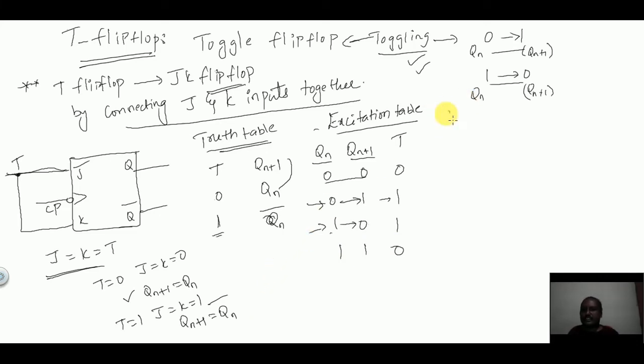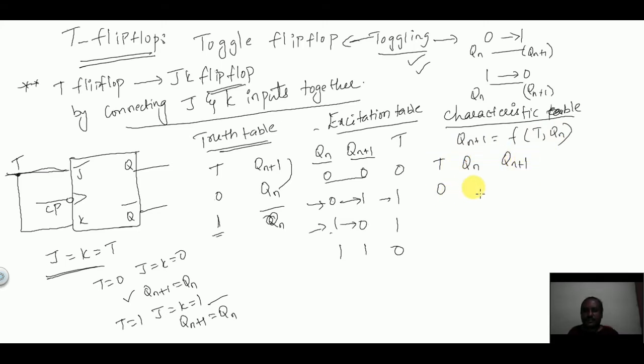The last is the characteristic table, in order to obtain the characteristic equation. So in the characteristic table, Qn plus 1 is a function of T and Qn, since T flip-flop has only one input. So T, Qn, Qn plus 1: 0 0, 0 1, 1 0, 1 1.